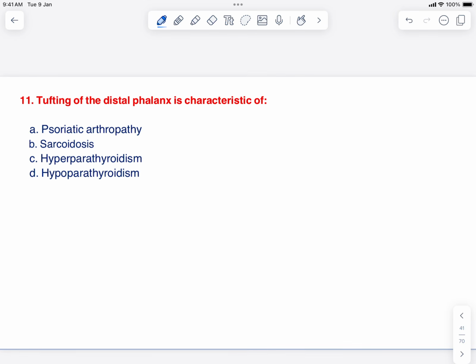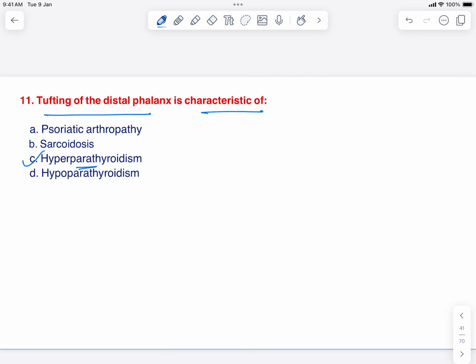So if you see the next question, tufting of the distal phalanx is a characteristic feature of psoriatic arthropathy, sarcoidosis, hyperparathyroidism, or hypoparathyroidism. Tufting of the distal phalanx is the characteristic feature of hyperparathyroidism, right?